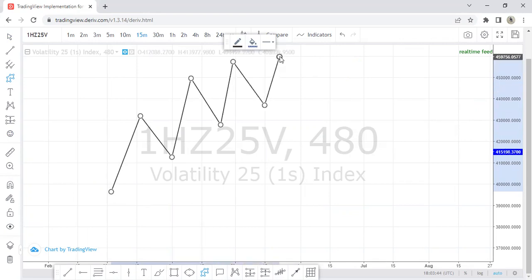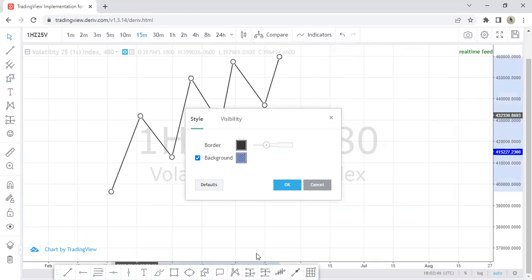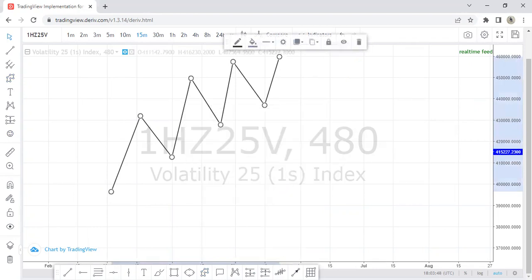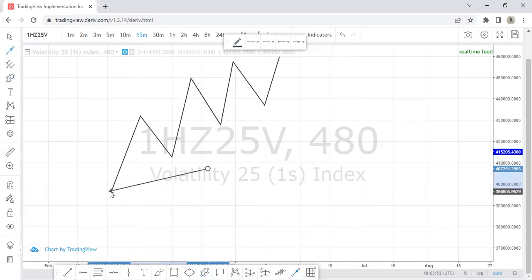You're also taught that this is your impulsive leg, this is a retracement or corrective leg, then the impulsive leg, retracement, corrective leg, then the impulsive leg. This is what you're taught a market structure looks like, right?